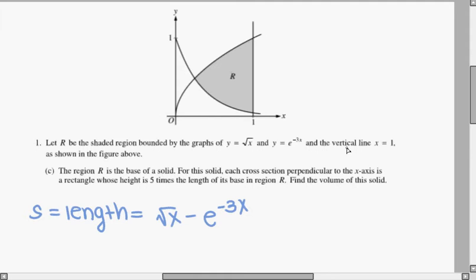They tell us that the cross-sections are perpendicular to the x-axis, so they're going to be arranged like this. So to find our value for this, we would get root x minus e to the negative 3x, which would give us all the possible values for these after plugging in an x.